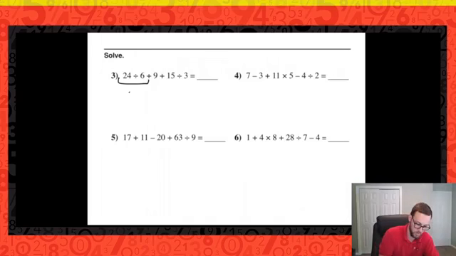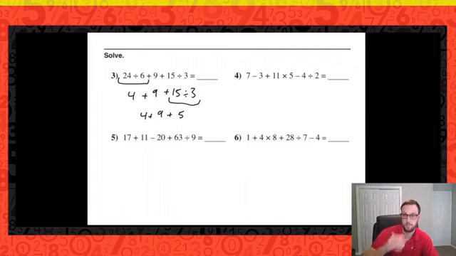Very good. 24 divided by 6 is 4. So then I have plus 9 plus 15 divided by 3. So then I have division to do here. 15 divided by 3 is 5. So now I have 4 plus 9 plus 5. 4 plus 9 is 13 plus 5 is 18. Very good.